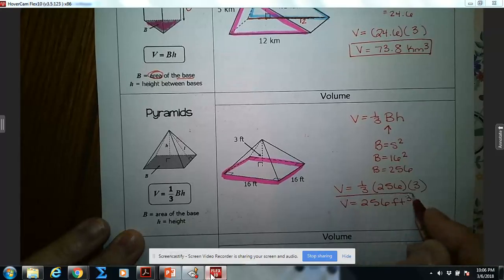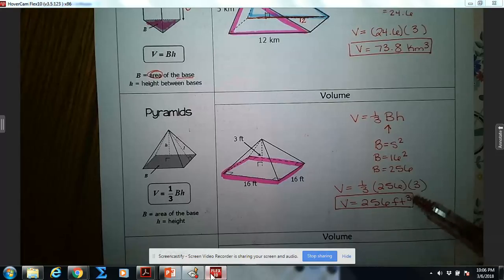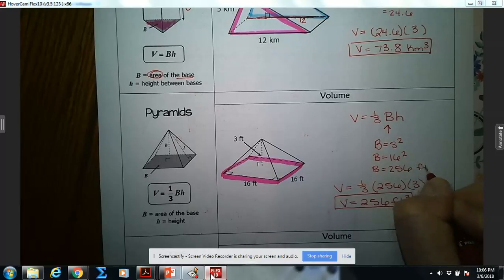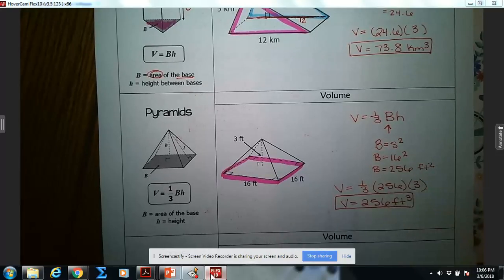Cubic measurements for volume. It does seem weird that our base area and our volume are the same, but remember, our base area is in feet squared. It's just talking about the area of that flat square versus how many cubes will fit inside this pyramid.